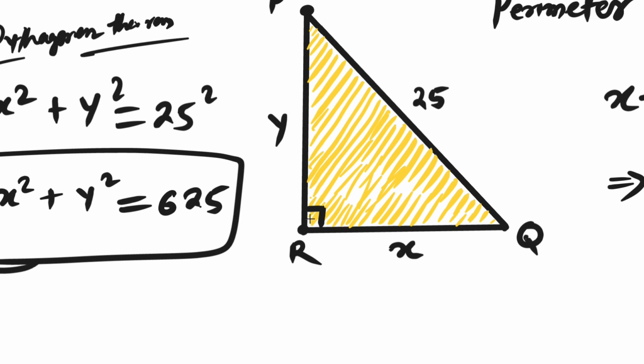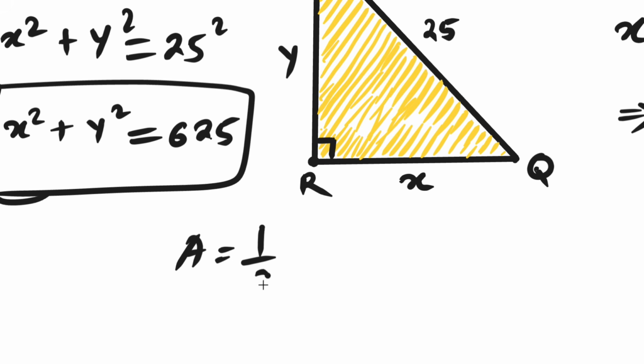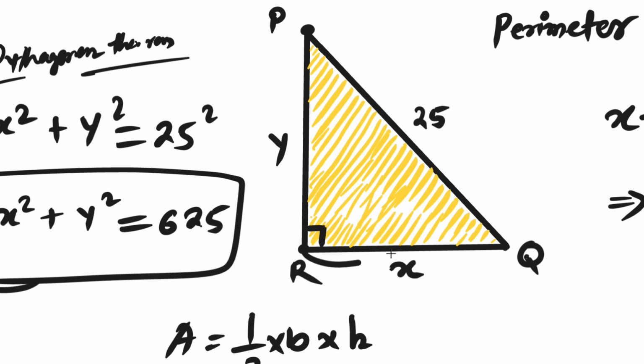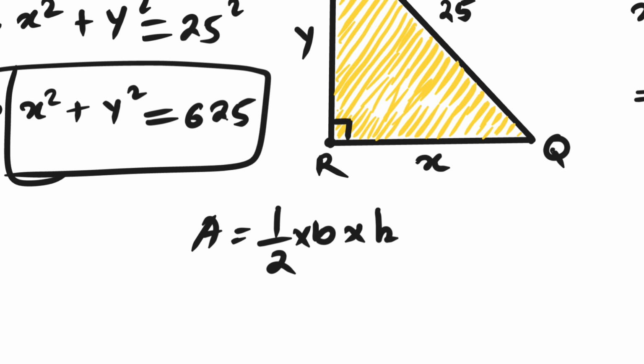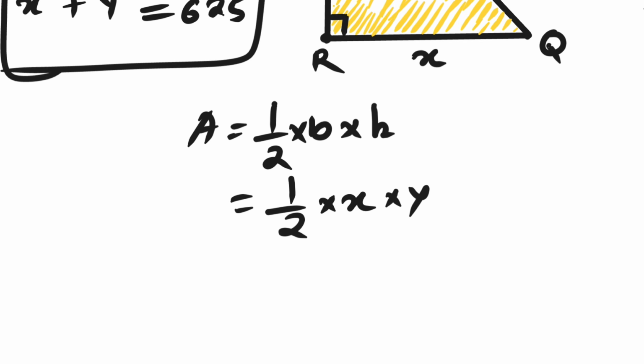We are trying to find the area, and because this is a right triangle, the area is 1/2 multiplied by the base, multiplied by the height. Our two perpendicular sides are x and y, so the area is 1/2 multiplied by x, multiplied by y. In other words, the only thing we really need is the product xy. We do not necessarily need to find x and y separately.